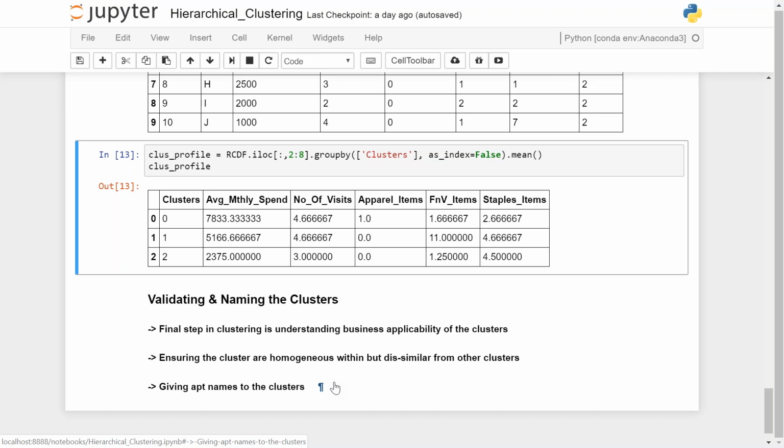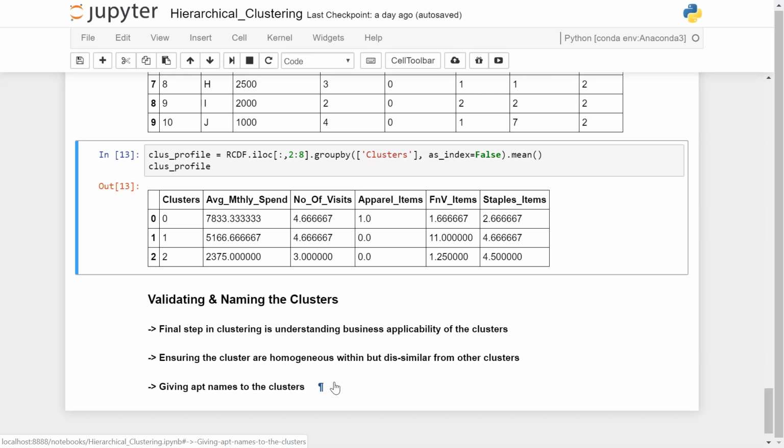The most distinctive characteristic of this cluster is apparel buyers. If I say get me data of apparel buyers, I name this cluster as apparel buyers, it becomes self obvious, self explanatory.